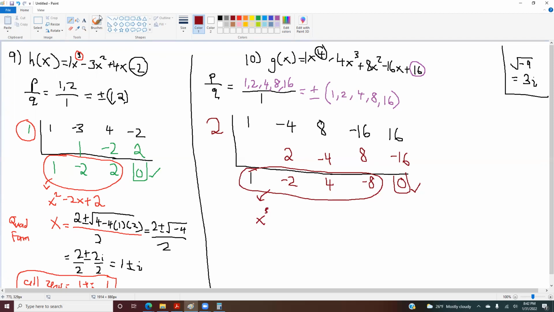x cubed minus 2x squared plus 4x minus 8. Does anyone know how to factor this? If you say yes, good for you.